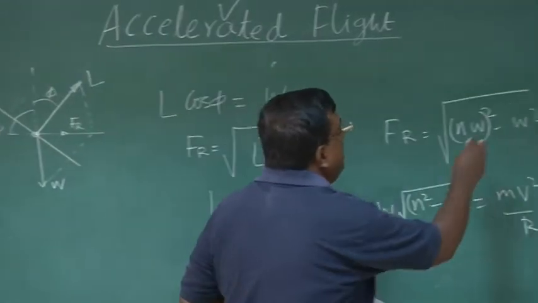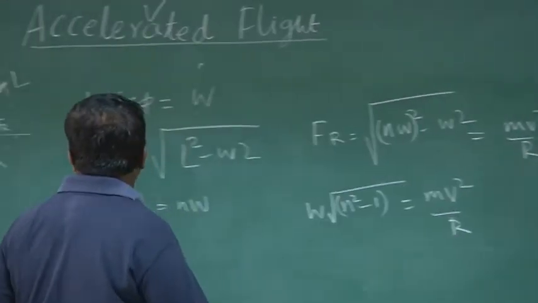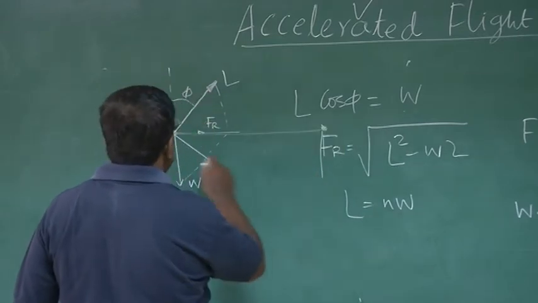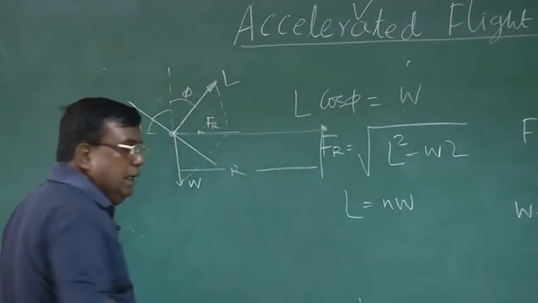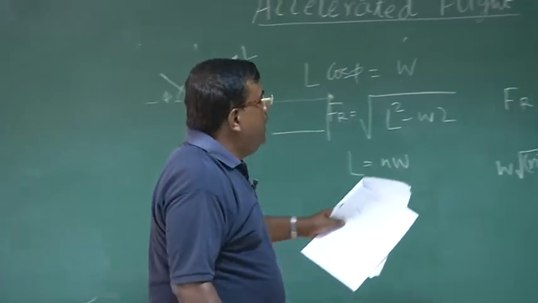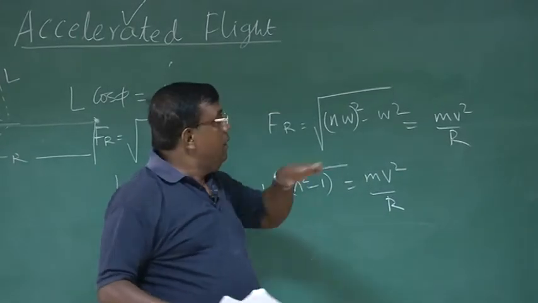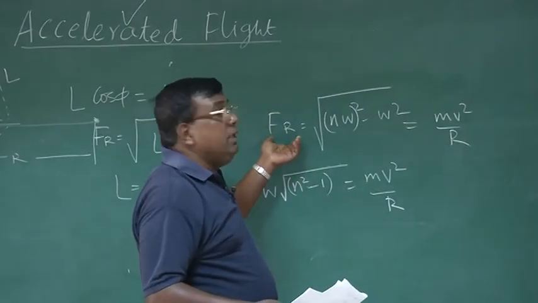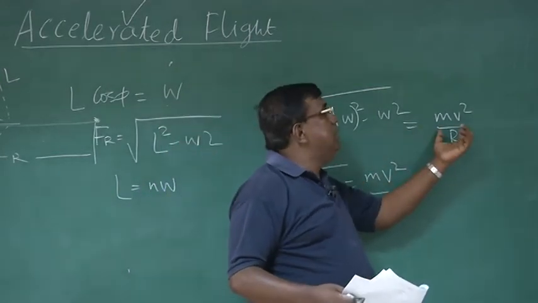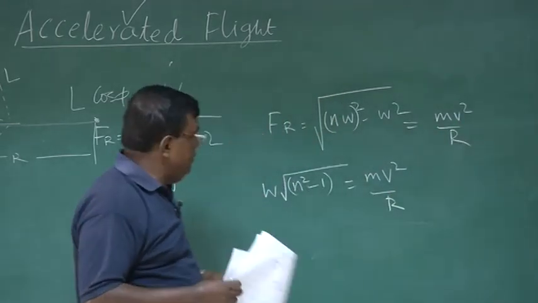So I will write this Fr equal to mV square upon R. What is this R? R is the radius of turn in the horizontal plane. That is, if I am turning like this, what is the radius of turn? That is R. And Fr is the horizontal component which gives me enough force so that I have the requisite centripetal acceleration to ensure a horizontal turn.